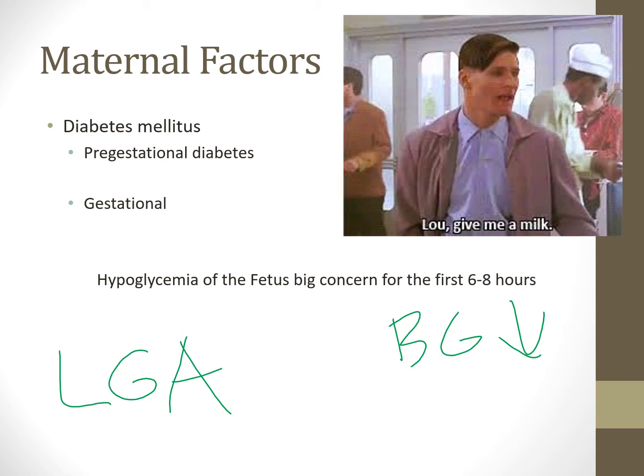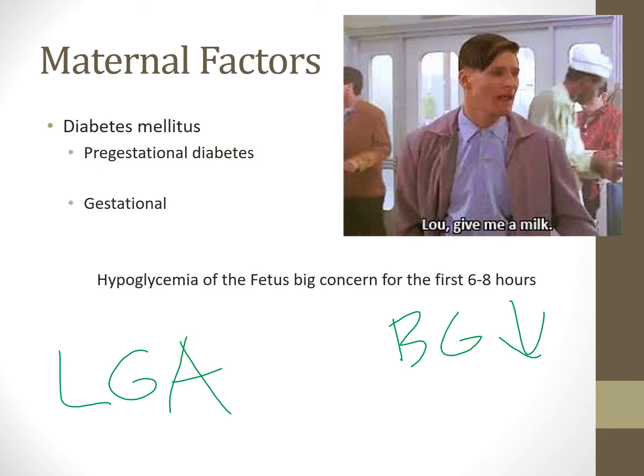Not to mention mom might have issues trying to push out a baby that's large for gestational age. You'll hear of babies born at 10 pounds and so on. Those are big babies, LGA, large for their gestational age. Just because they're LGA doesn't mean they're fully developed; it just means large for their gestational age.